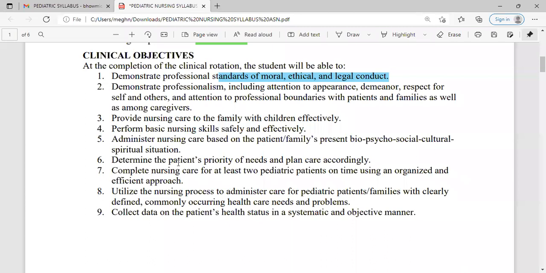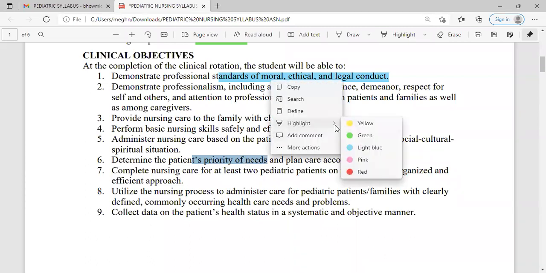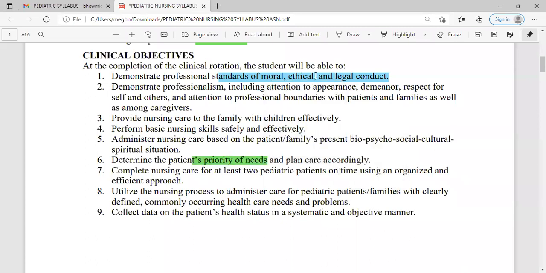Determine the patient's priorities of need. So prioritization. You are a nurse, LPN or RN, whatever. You have to know which patient needs care first. Prioritization is important. Also, plan care accordingly. Complete nursing care for at least 2 pediatric patients on time using an organized and efficient approach.